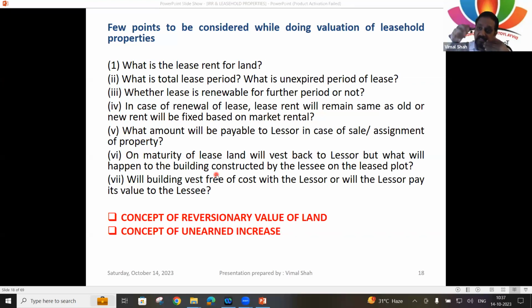What should happen to that building after the lease is over? Will the building vest free of cost in the lessor, or will the lessor pay its value to the lessee? These are a few points you have to consider whenever you are doing any leasehold properties.